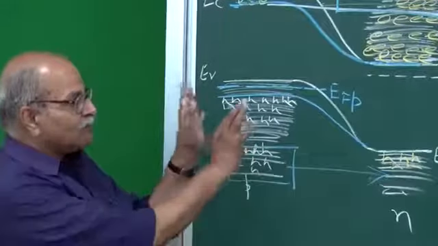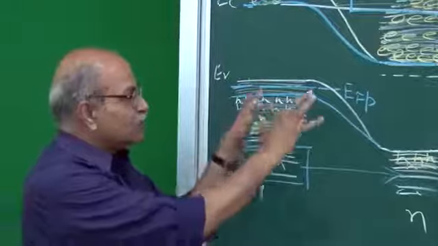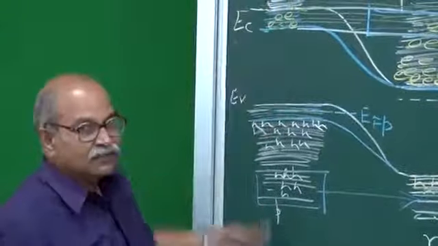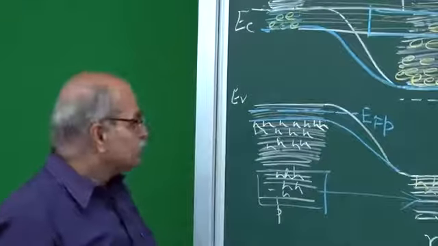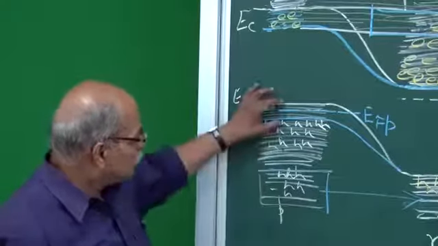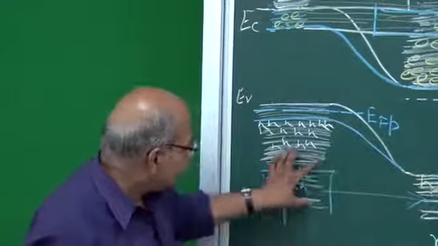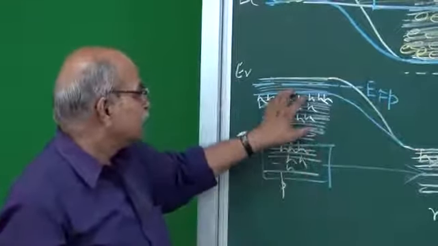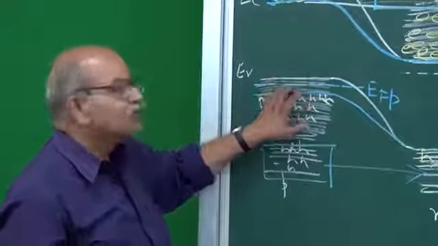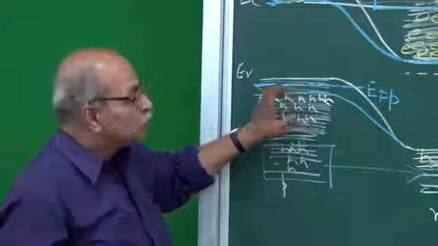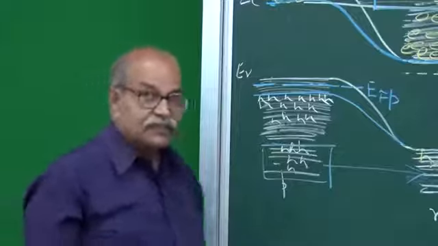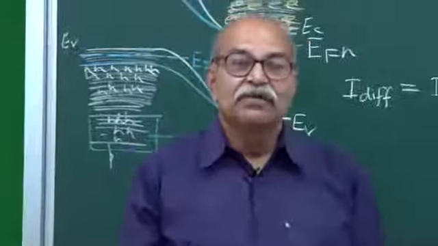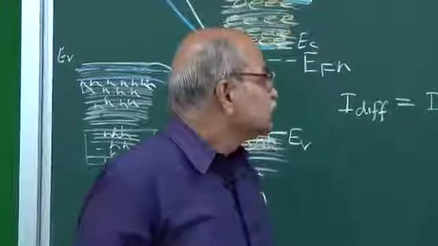So for small voltages, and generally the voltages are small, not as large as this 1.12 eV or so, you are only concerned with this area, and here the holes will come independently of whether EV is here or here. So the message is that the drift current is not going to change significantly because of this forward biasing.